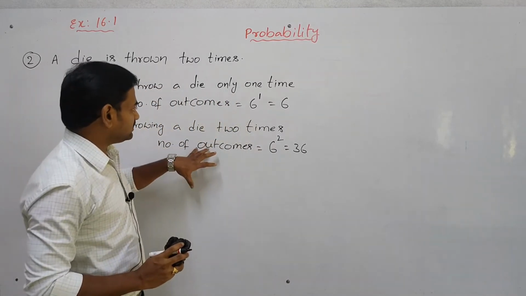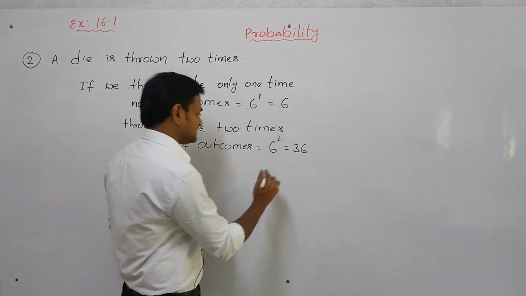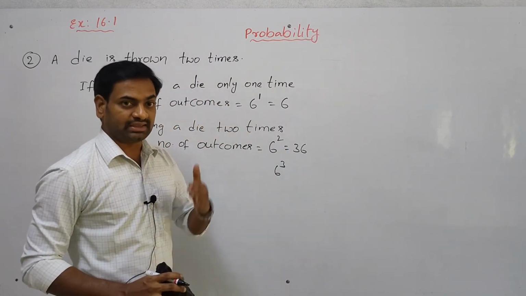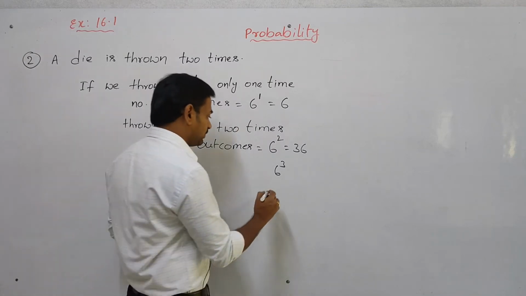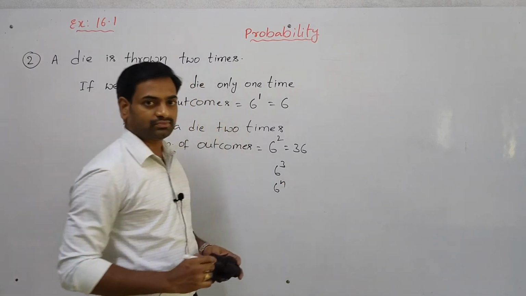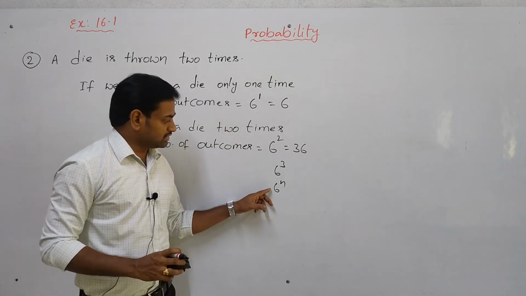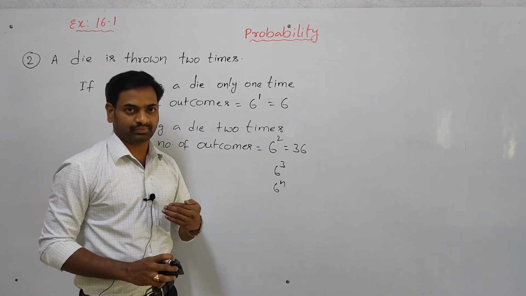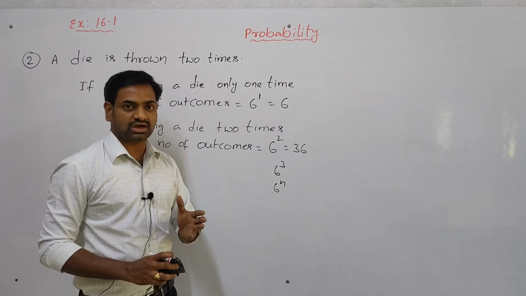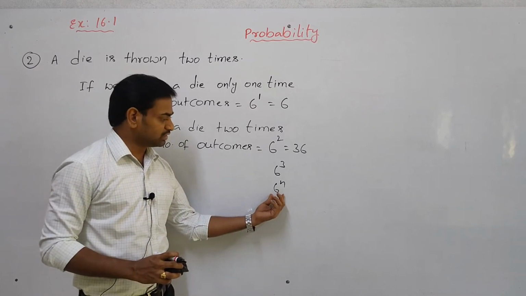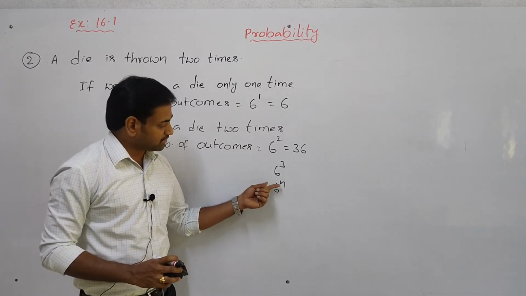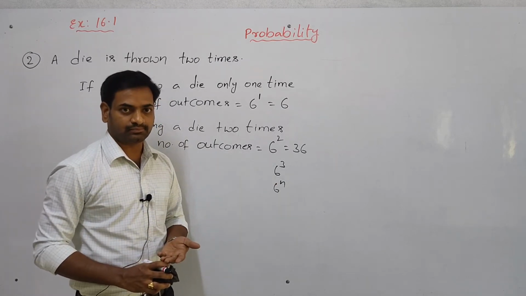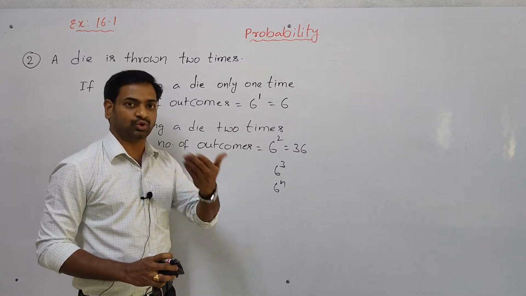If you throw a die 3 times, that is 6 cube. In the same way, if you throw a die n times, that is 6 power n. Here 6 is the number of outcomes for a die, or the number of faces on the die. Here n means the number of times you throw it, or the number of dice you throw.